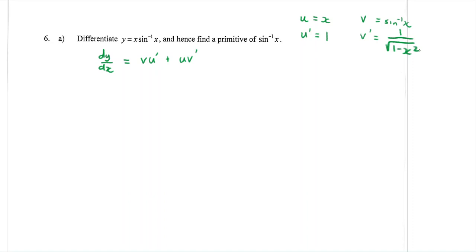No, it's on your formula sheet. Okay, putting that into VUV, we have v times u dash, inverse sine of x. U times v dash. Let's put the x on the top with the 1 over the square root of 1 minus x squared.